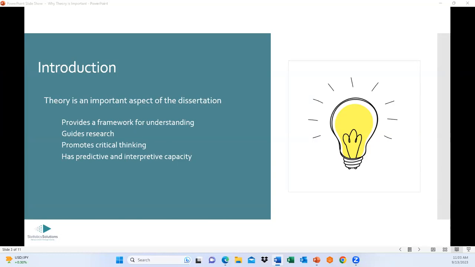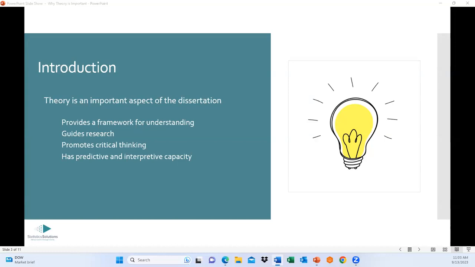Generally, it provides a framework for understanding. Theories help explain, interpret, or make sense of phenomena and data. They provide a way, and sometimes we use the term framework, and we'll get to that when we start talking about the theoretical framework, for researchers to explain the connections between ideas, the connections between variables, and to explain data.